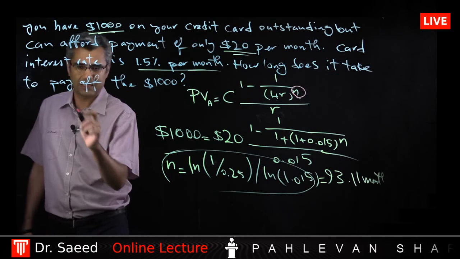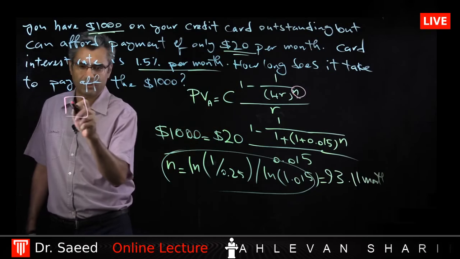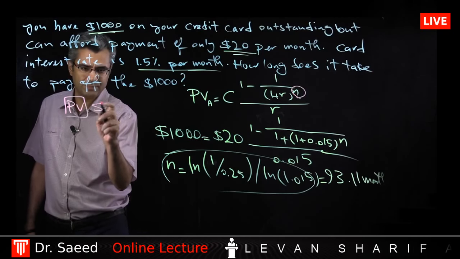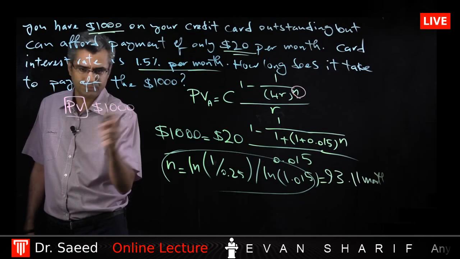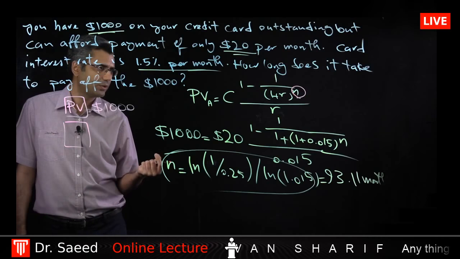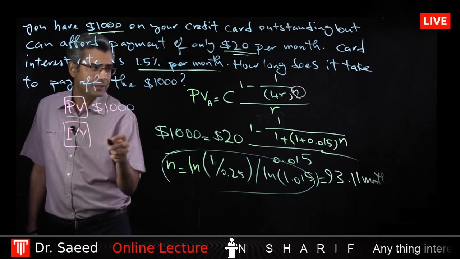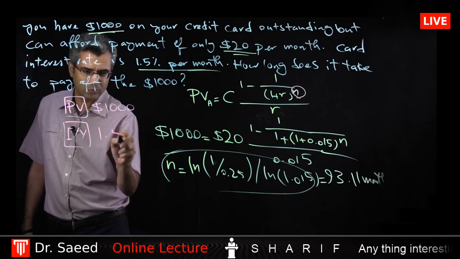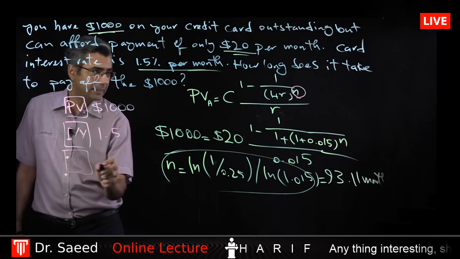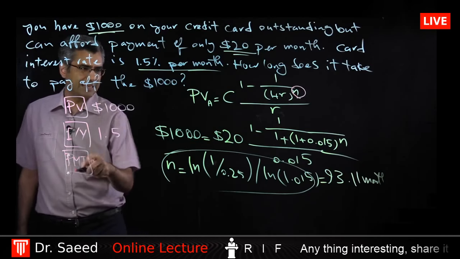So in the calculator, we have a button for present value, and you need to key in 1000. We have a button for interest rate, labeled as I/Y, and we need to key in 1.5. And there is a button labeled as PMT.